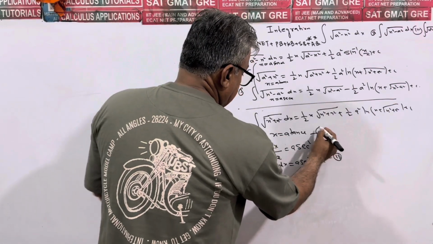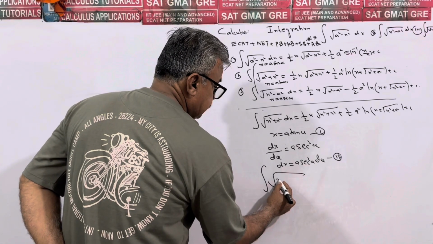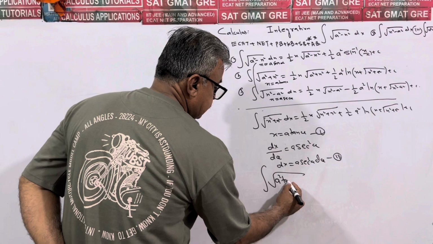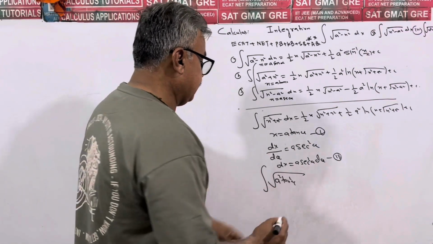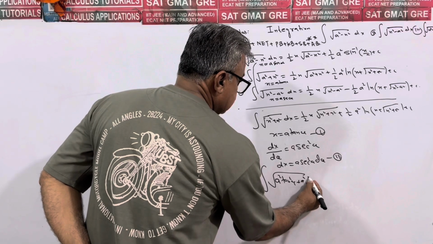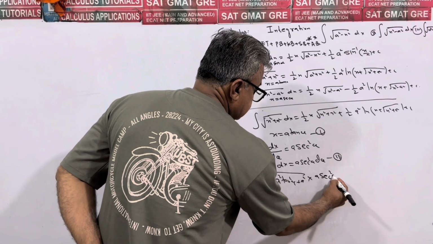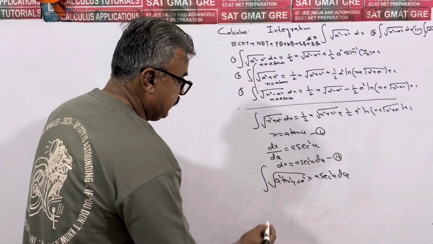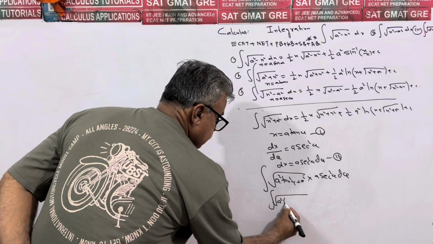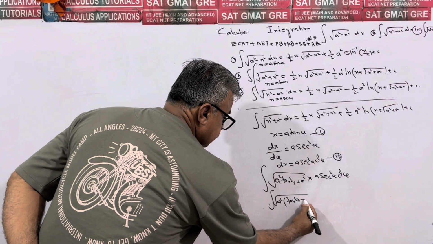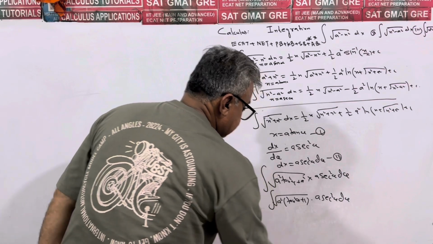Put these values in the original integral. x means a square tan square, so x square plus a square becomes a square tan square theta plus a square, and dx is a times sec square theta d theta. Taking a square common from the root, we have root of tan square theta plus 1 times a sec square theta d theta.